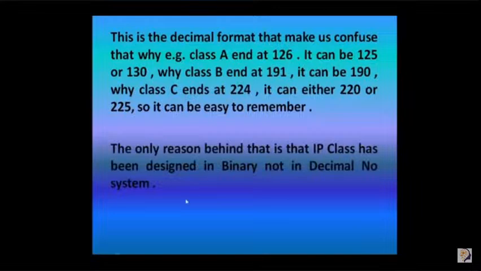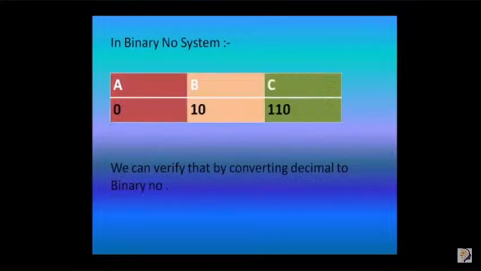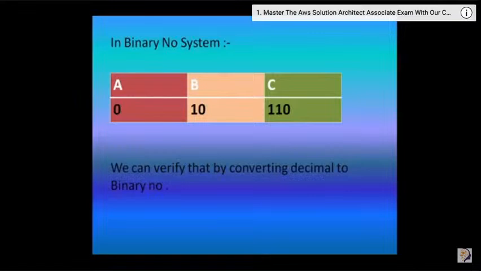IP class has been designed in binary, not in the decimal number system. If I show you any IP in the binary number system and ask you which class this IP belongs to, by looking at the first octet you can identify.